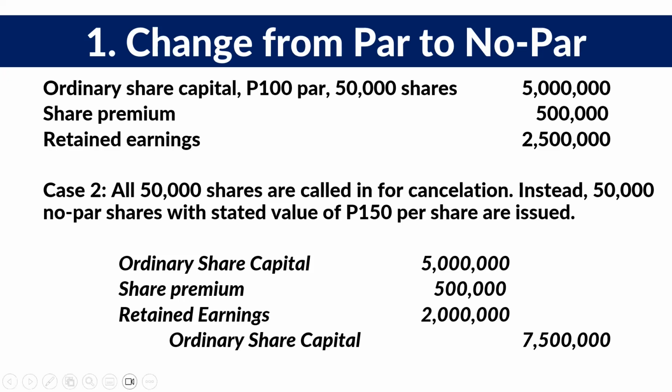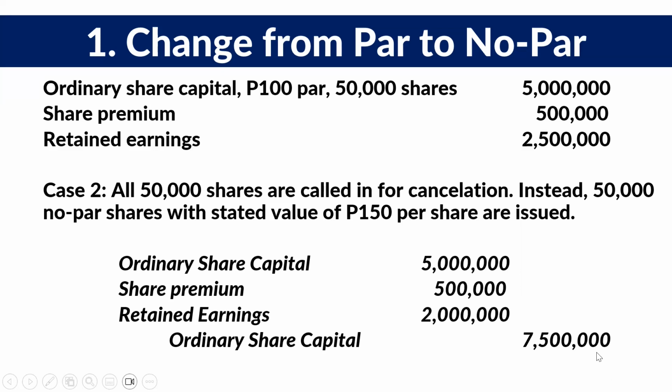So what you're going to do, same procedure, i-debit lang natin lahat ng ordinary share or lahat ng par value, lahat ng accounts related sa share issuances before. In this case, it's ordinary share capital at par, which is 5 million, and then share premium na 500,000. Tapos, i-credit mo yung ordinary share capital natin at 7.5, that is 50,000 times its new stated value of 150, so you have 7.5 million.